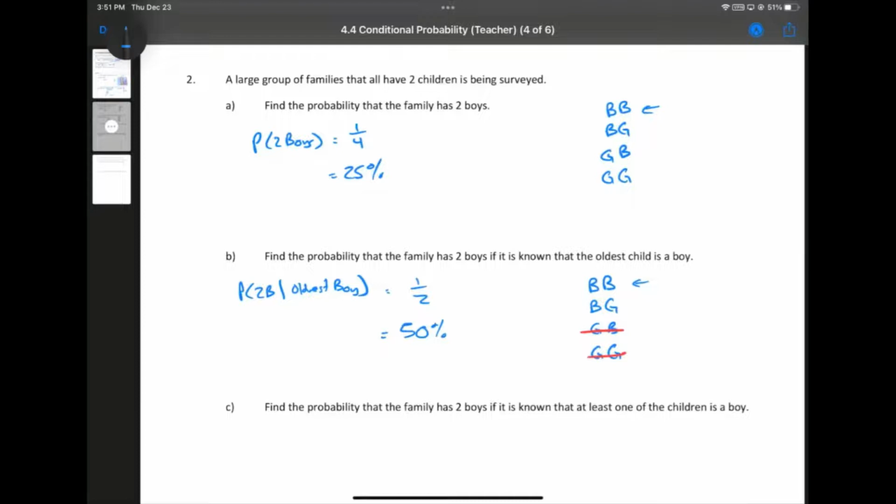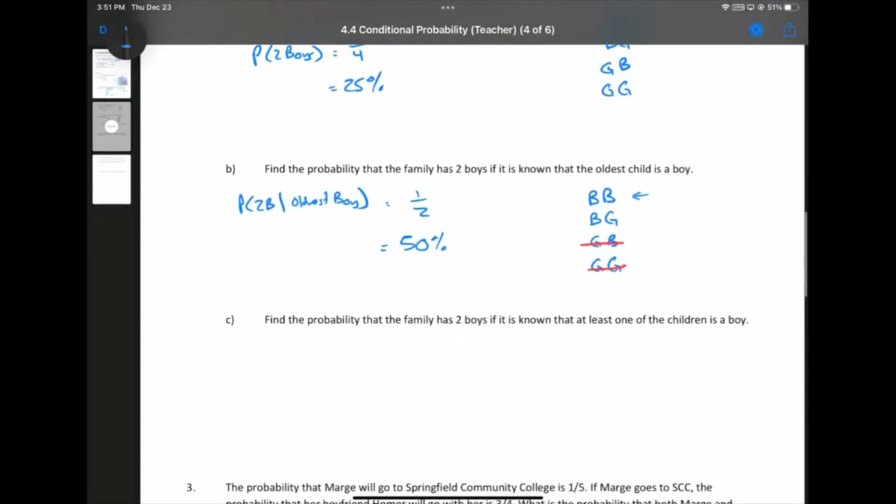If the first is a boy, then really all we're looking at with this conditional probability isn't the probability of having 2 boys given the oldest is a boy. It's what's the probability that the second child's a boy. And this probability of the second child being a boy or a girl is 50%. We don't need to worry about what the first child is because it's already happened and it's already led towards our criteria that we need.